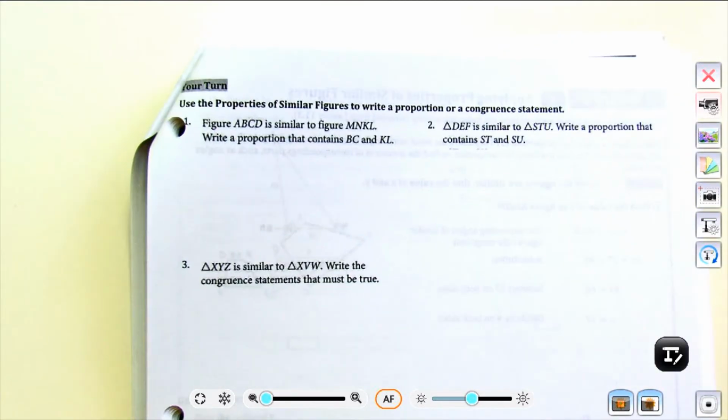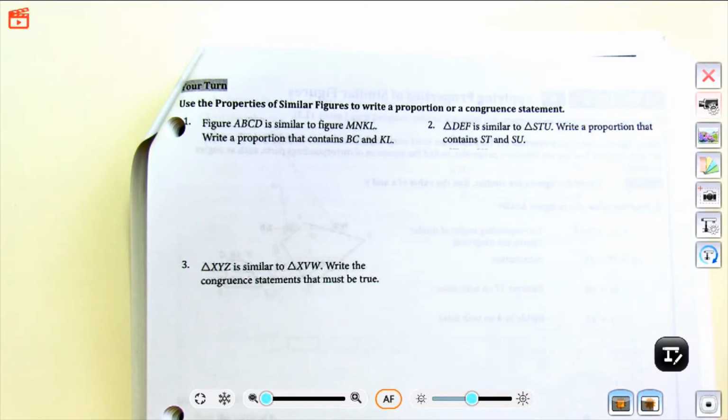Okay, so what we're going to be doing is creating proportions or congruent statements, depending on what the question is asking. So for number one, figure ABCD is similar to figure MNKL.